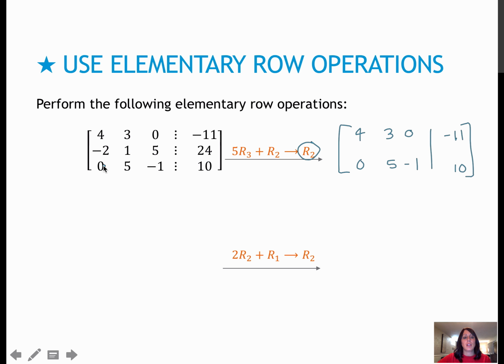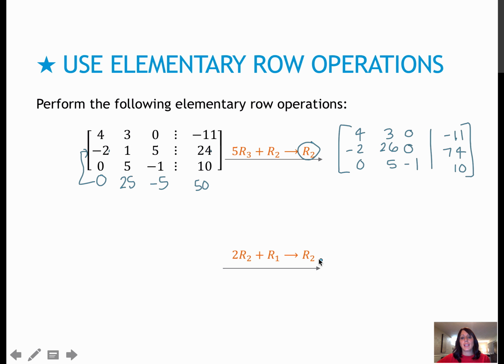So I might go ahead and take this times 5, which is 0, and this times 5, and this times 5, and this times 5. So I'm going to add that to R2 and put that into R2. So negative 2 plus 0, 1 plus 25, 5 plus negative 5, and 24 plus 50.